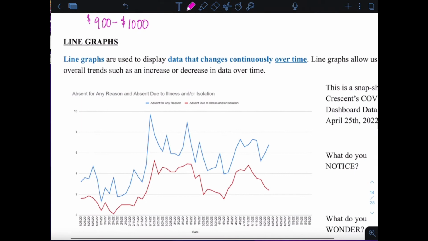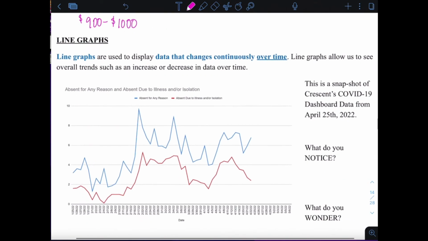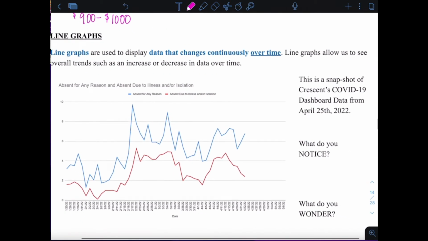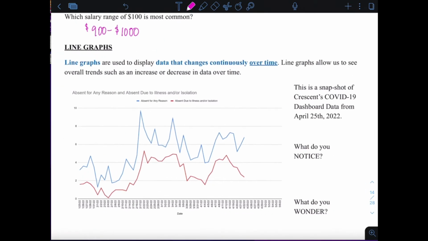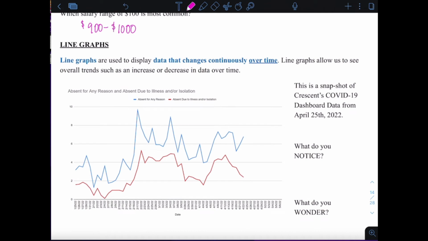Okay, line graphs, I'm sure you've seen before. This was actually taken from a snapshot of Crescent's COVID-19 dashboard data, just from last week, I believe. So line graphs are used to display data that changes continuously over time. And they allow us to see overall trends.